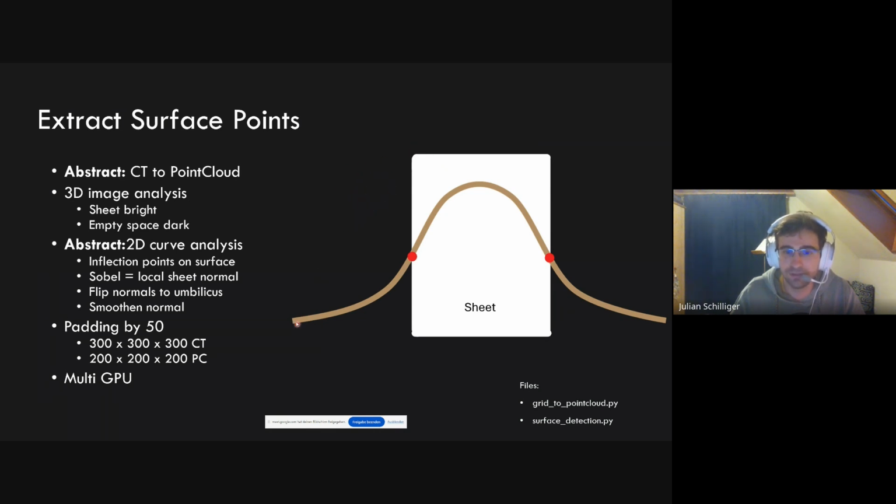And well, if you just plot this intensity, it kind of gives a Gaussian curve. Maybe you blur it a little bit to get a better curve, I don't know. And so the really important points are those red dots here. Those are the inflection points of this function. They are quite easy to calculate.